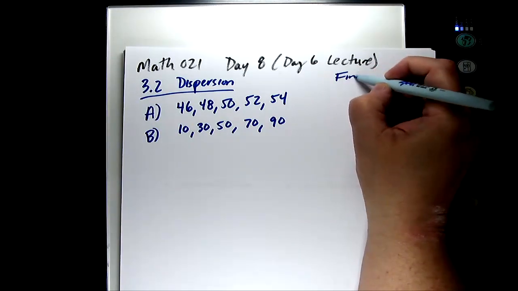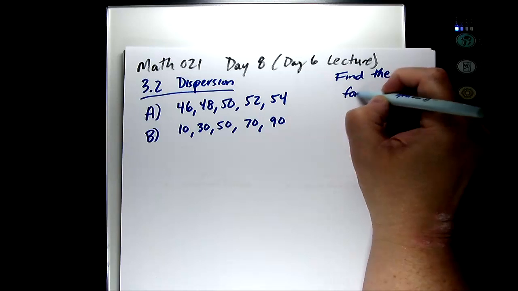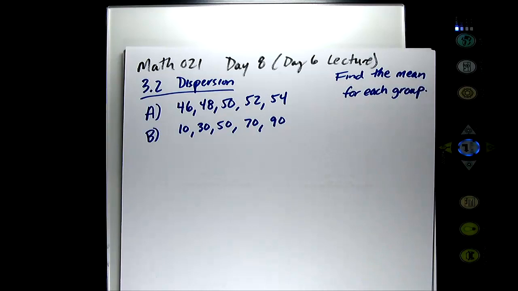Find the mean for each group. I'll give you like 30 seconds to calculate it. This is quick calculator work.